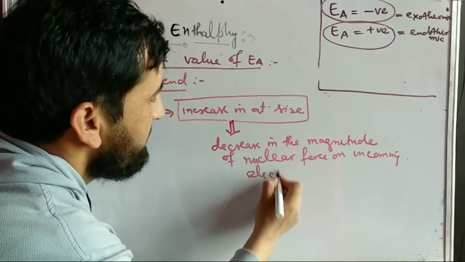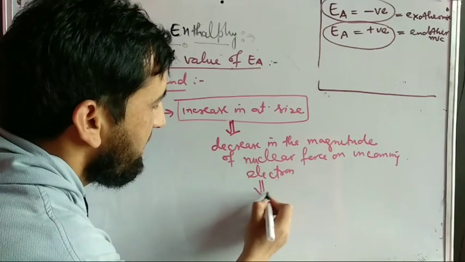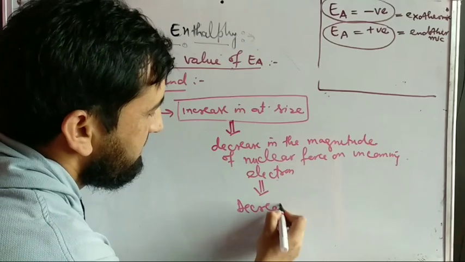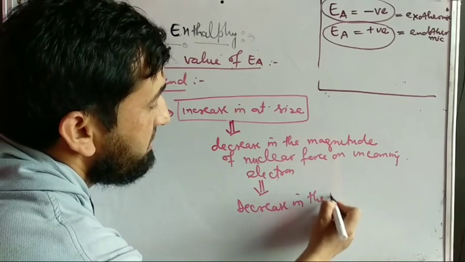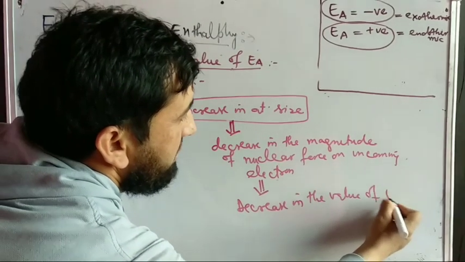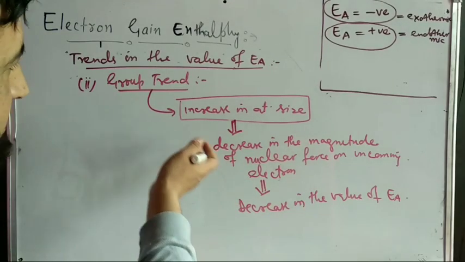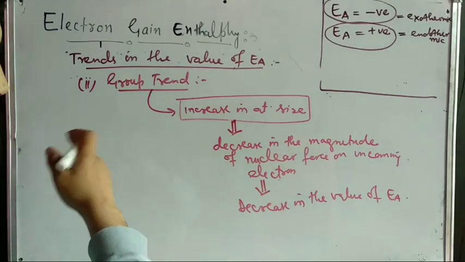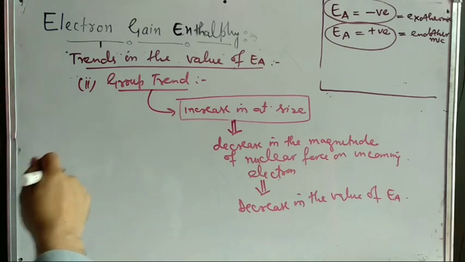Thus, it leads to a decrease in the value of electron gain enthalpy. So simply we can say that when we move down the group, there is a decrease in the value of electron gain enthalpy.